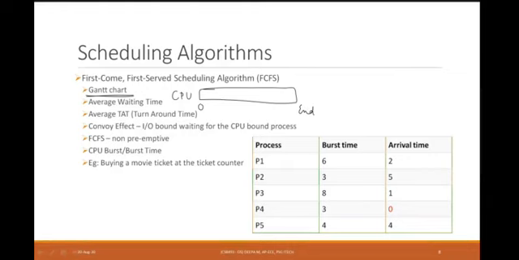Starting from 0 till end, we are going to draw what are all the processes which are going to be present in your CPU. Say like this, P1, P2, etc. So this is called as a Gantt chart.